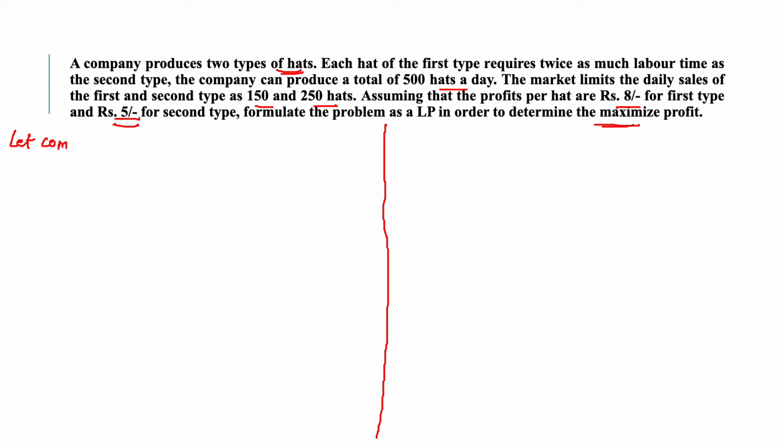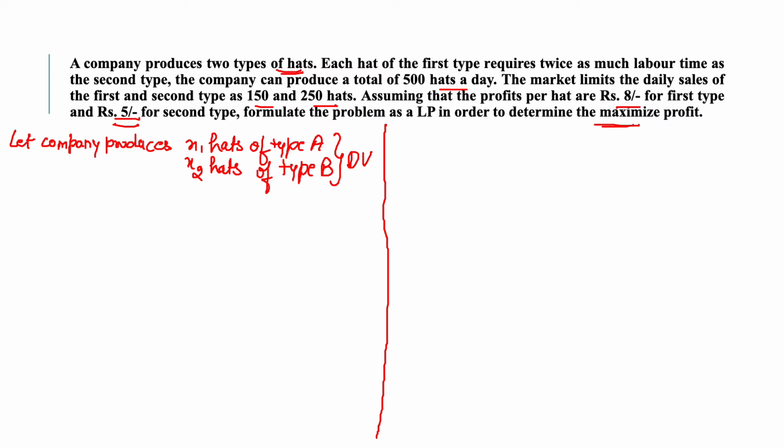Company produces X1 hats of type A and X2 hats of type B. Okay, so X1 and X2 are my decision variables.